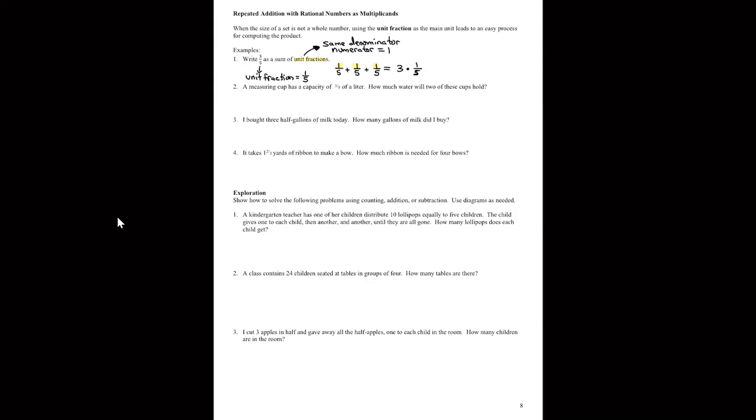So when we say a measuring cup has a capacity of 3/8 of a liter, I could write this as 3/8 of a liter. The unit fraction would be 1/8, and I have 3 of those. Now I'd want to know how much water 2 of these cups will hold. Now it's just a simple matter of taking the 3 and multiplying it by 2.